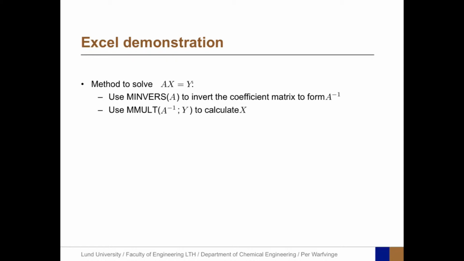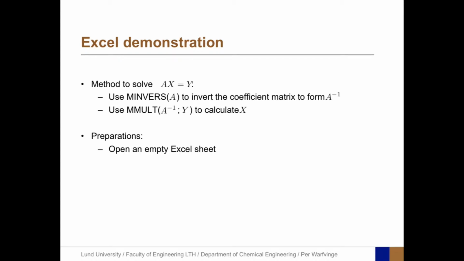How is this done in Excel? What we want to do is to mimic Ax equals y, and then we need two functions that are built into Excel. One is MINVERSE, which is used to invert a matrix, and the second one is MMULT, which is used to multiply matrices by each other.